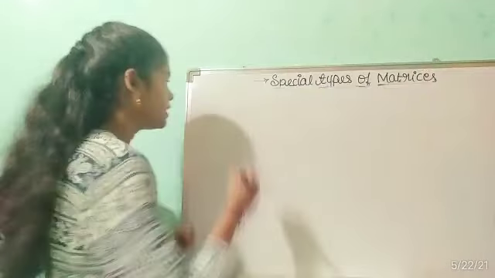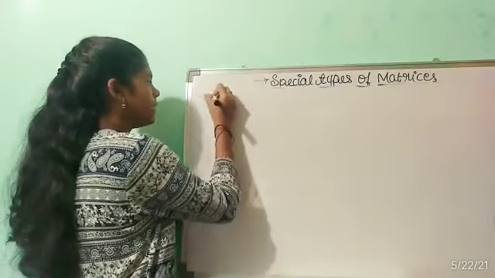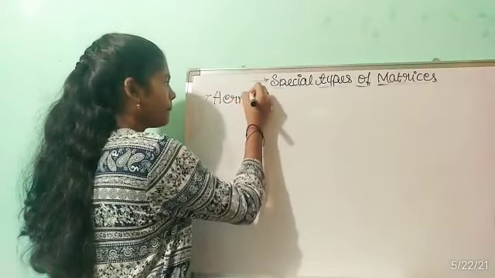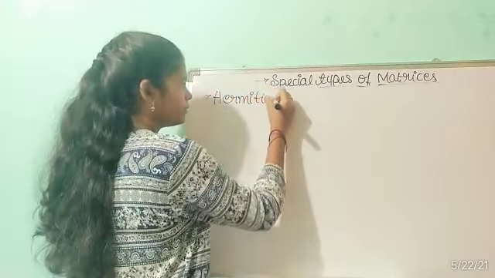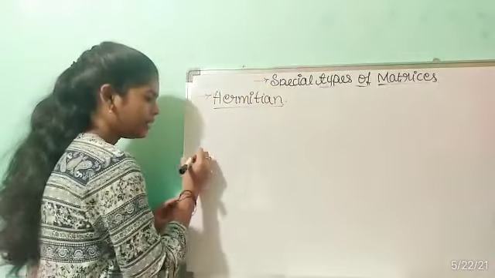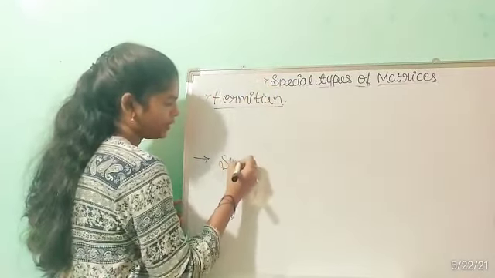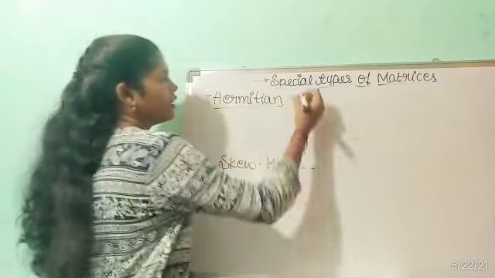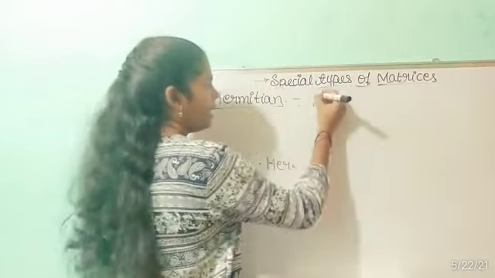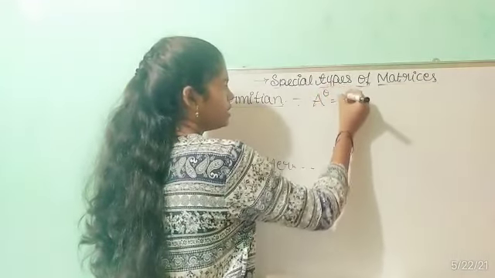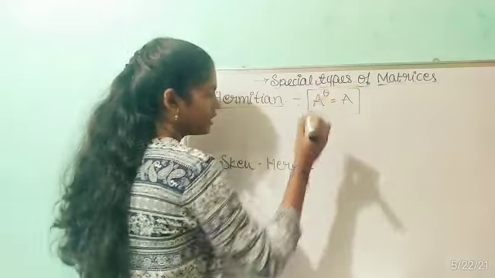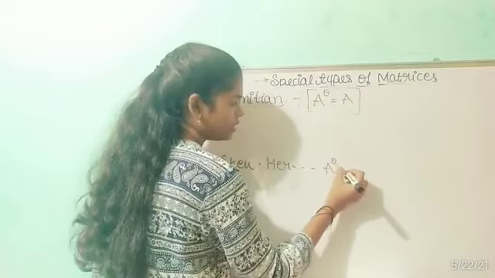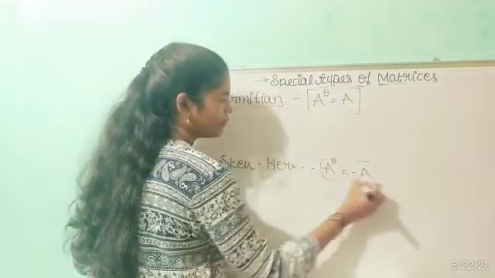Next is the Hermitian matrix. Similar to that, we have Skew Hermitian as well. The condition is A power theta is equal to A for Hermitian, and A power theta is equal to minus A for Skew Hermitian.